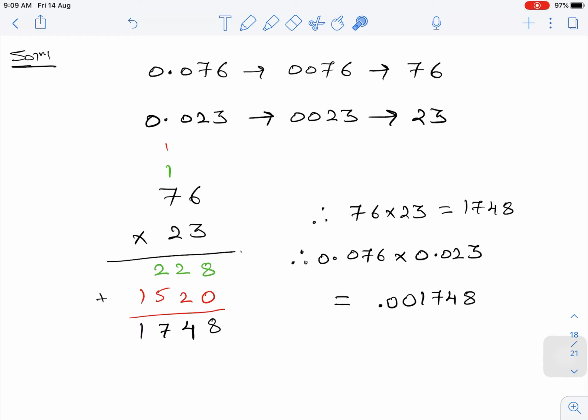So our answer will be 1 2 3 4 5 6. Before this no number is there, it means 0. So what is our final answer? Our final answer is 0.001748. Okay, so hope you all have understood up till here. So this much is enough for today.